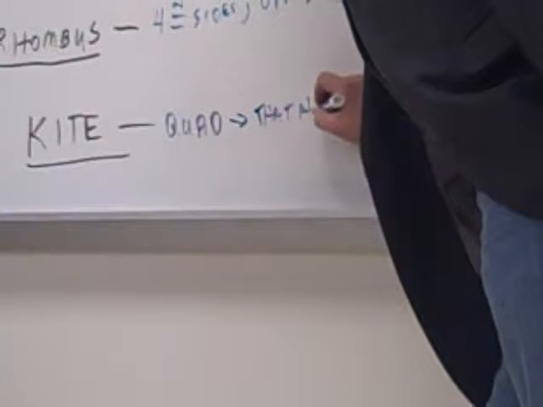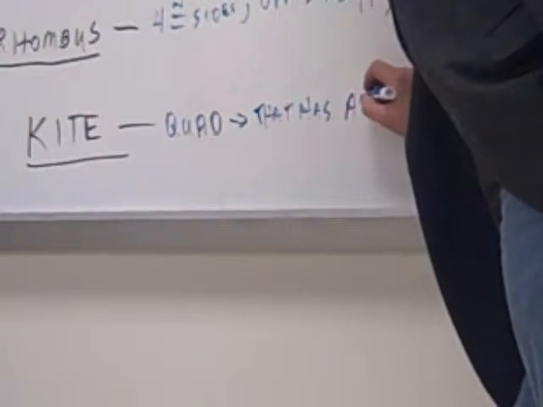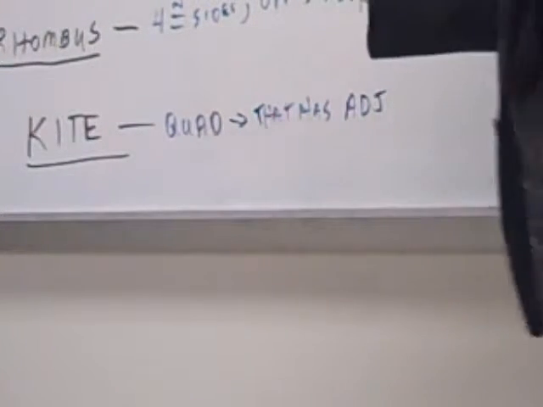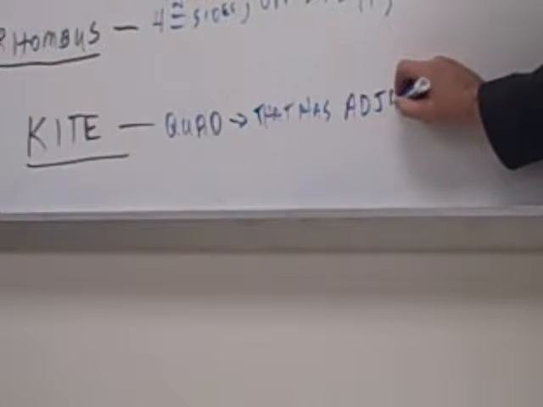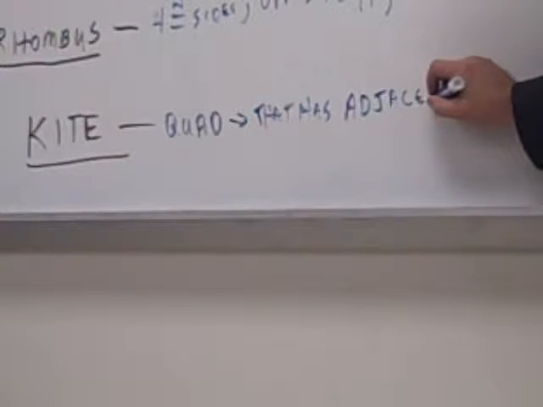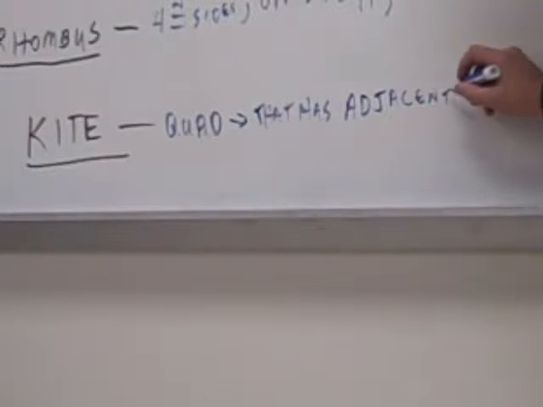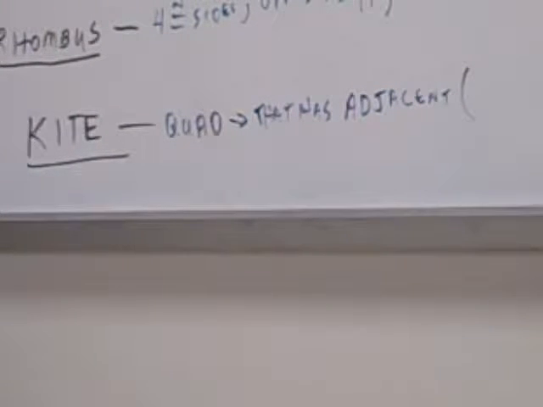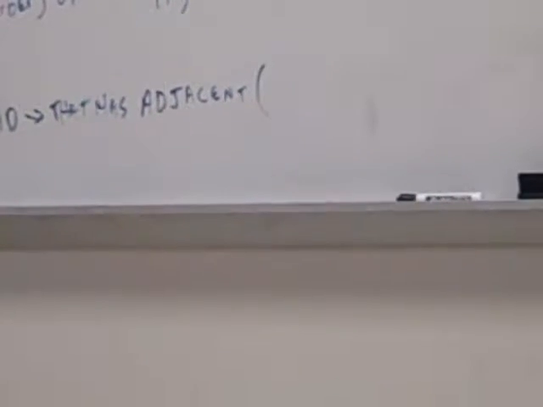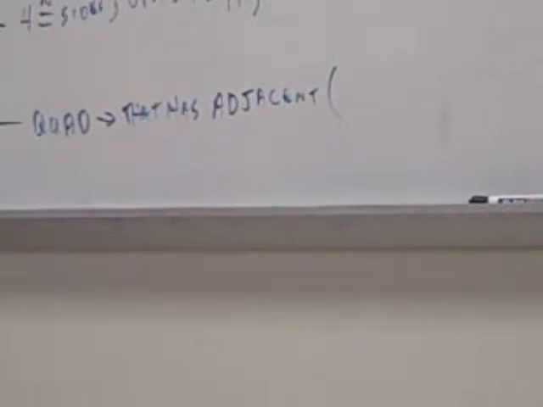that has adjacent, A-D-J-A-C-E-N-T. Now I'm going to define real quick what the word adjacent means. It's a quad that has adjacent.